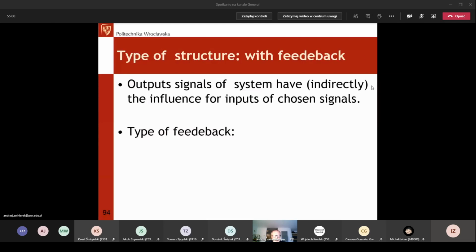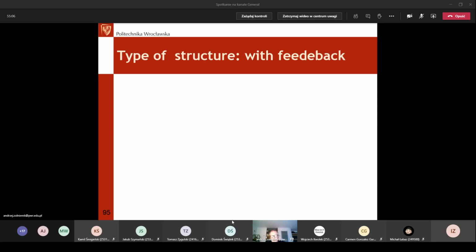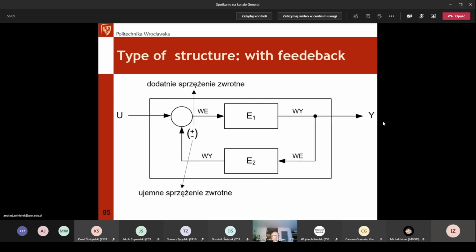and this type of feedback can be positive or negative, but in general we use negative feedback. Negative feedback in general stabilizes the work of the system. As an example, imagine in the classroom the teacher tries to say something to the people, but they are talking with each other, and the teacher tries to speak louder.